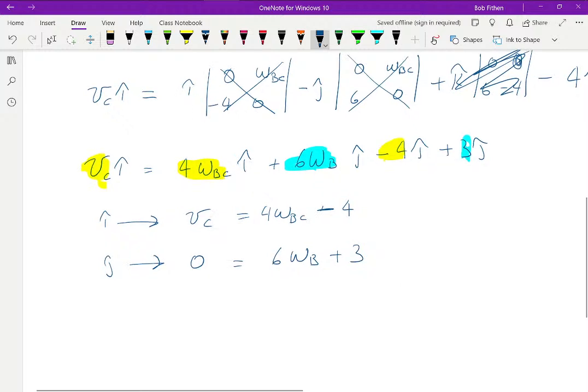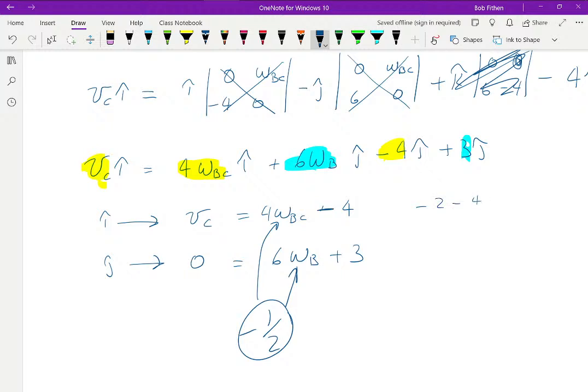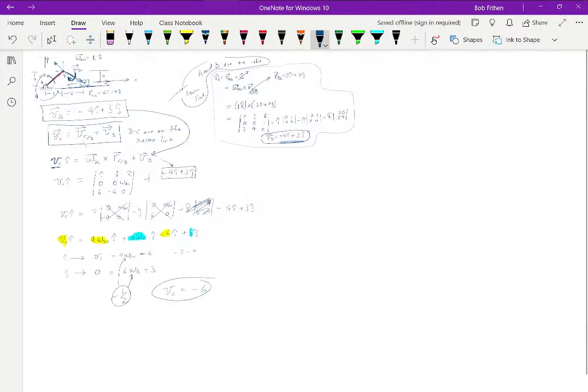So, looks to me like right off, that has to be minus a half. And then if you put minus a half in there, then you'll get that. You put minus a half in here, that would be minus 2 minus 4, or velocity of C is equal to minus 6. Meaning, let's take a look at it.